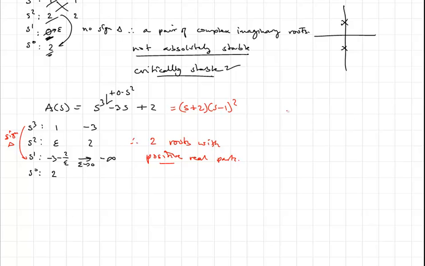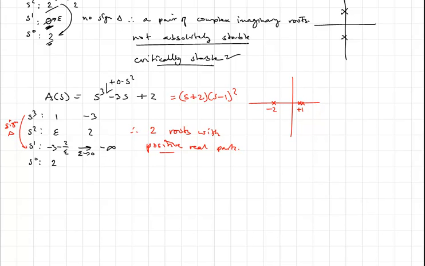So it has a root at minus 2 and 2 roots right at plus 1. Okay, so that's one special case.